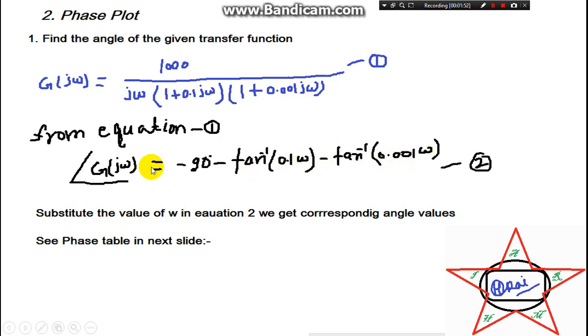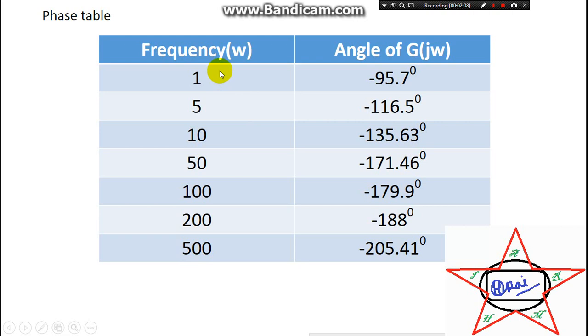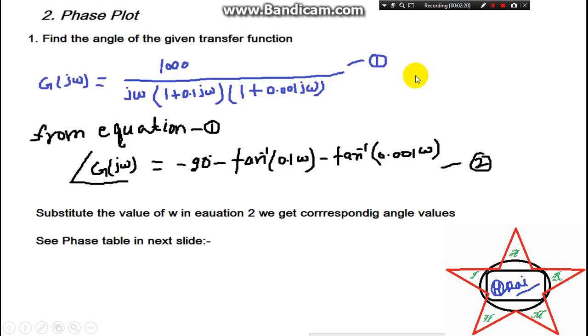Now we'll draw a table with the various values of omega and find the angle accordingly. We put the omega values here, like 1, 5, 10, 50, 100, 200, and 500, and correspondingly find the angle of G of j omega in degrees.